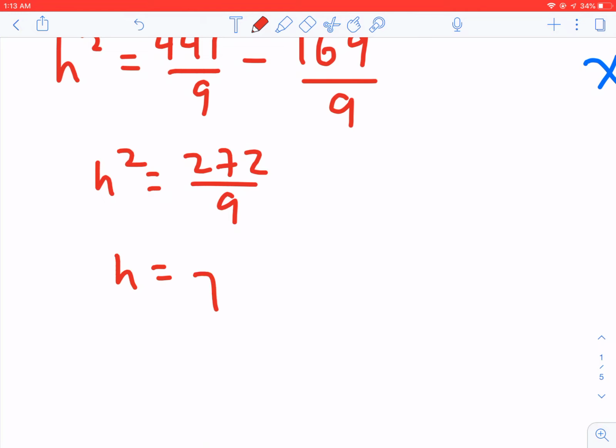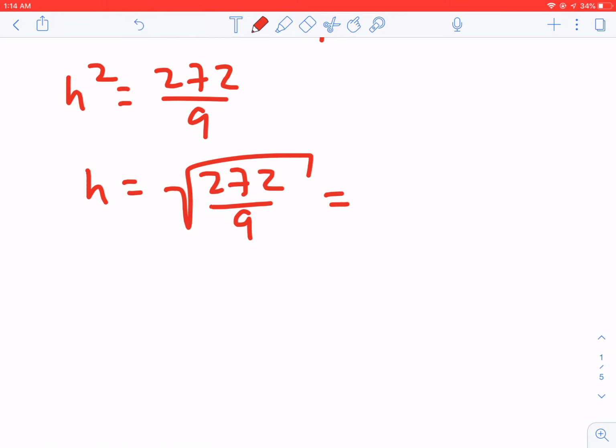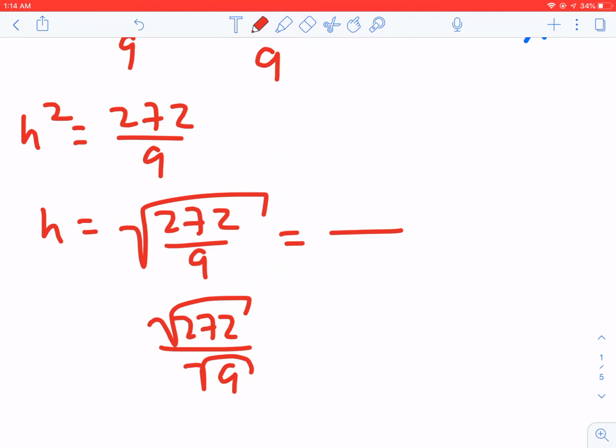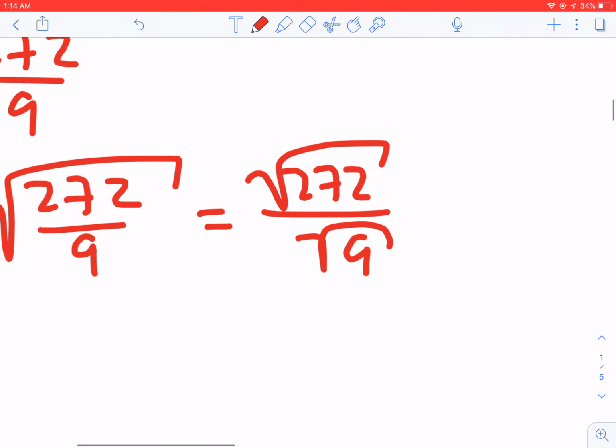H is the square root of 272 over 9, which is equal to, so if you remember our square roots, square root of a fraction is the square root of the top divided by the square root of the bottom. So square root of 9 is 3. Let me just actually move this over here. Alright, square root of 272, that took me a while.